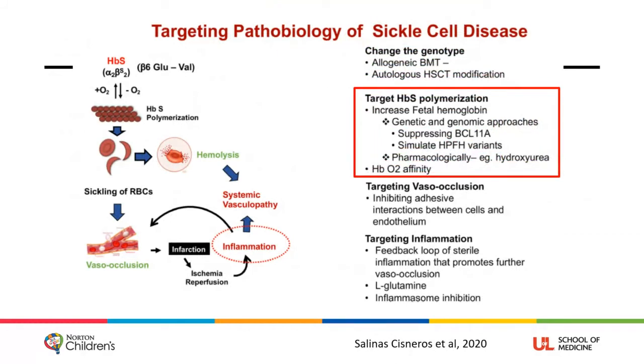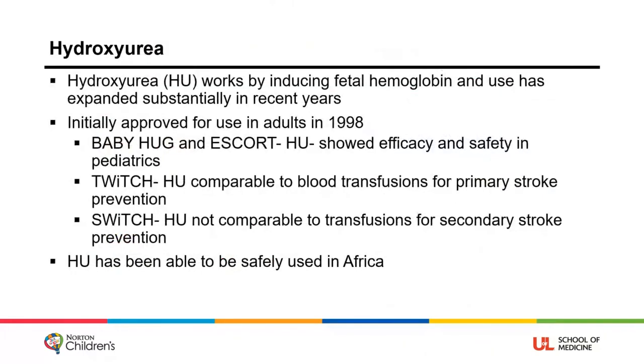So in addition to targeting inflammation and vaso-occlusion, there are medicines that specifically target hemoglobin S polymerization. The first one, and the one that we all know the best probably, is hydroxyurea. The medicine was first approved by the FDA in 1998 to reduce frequency of painful crises and to reduce the need for blood transfusions in adults with homozygous SS disease.